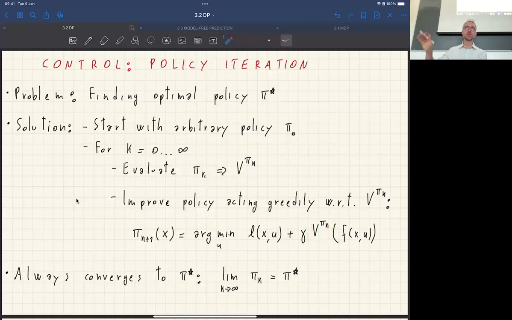So again, remember we are in a discrete space setting. So the value function is a vector. The policy function is a vector because you have just one action for every possible state. You have, I don't know, 1,000 states. So the policy is a vector with 1,000 values. And each item of this vector contains the action corresponding to that state.